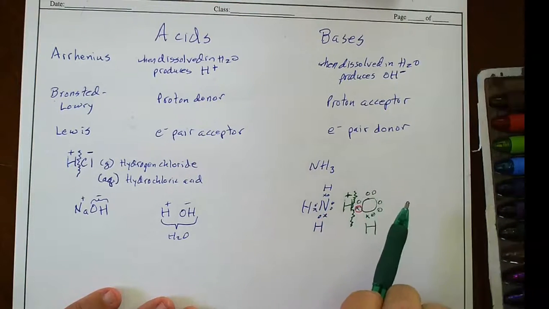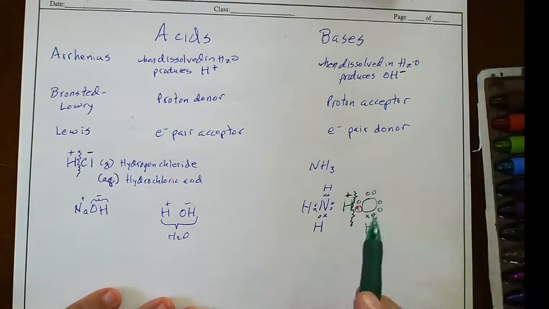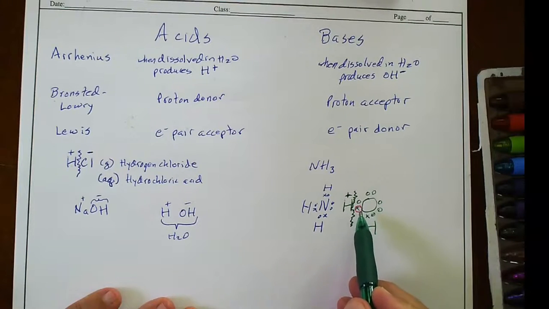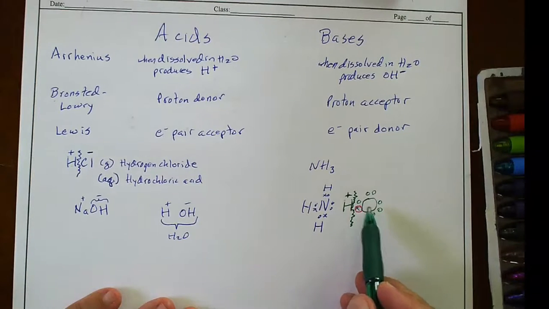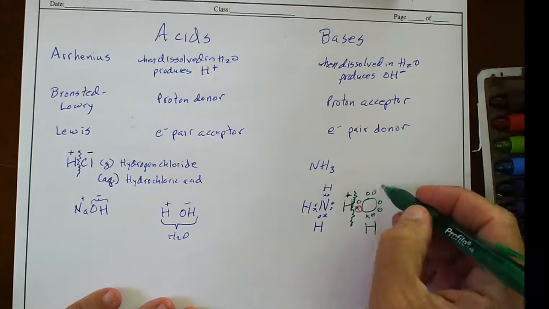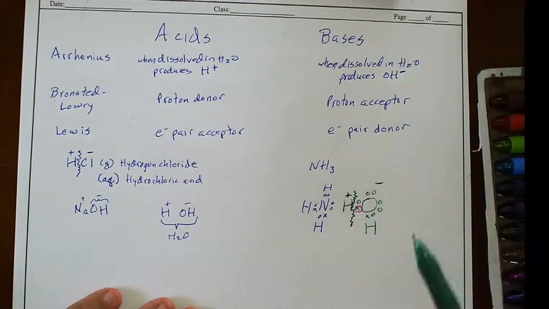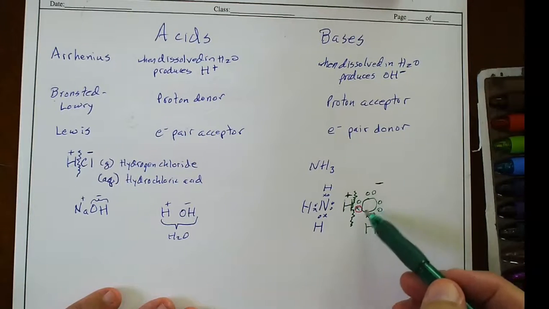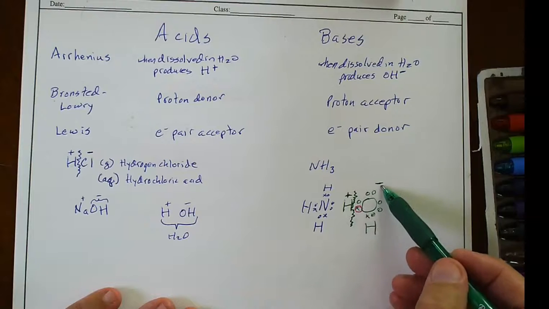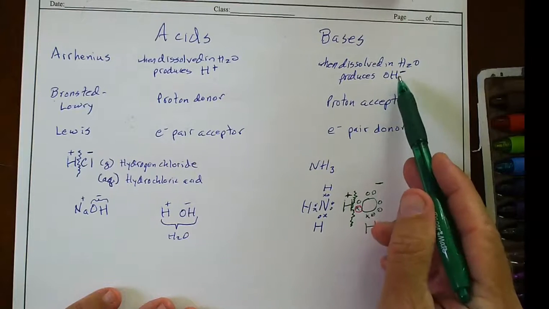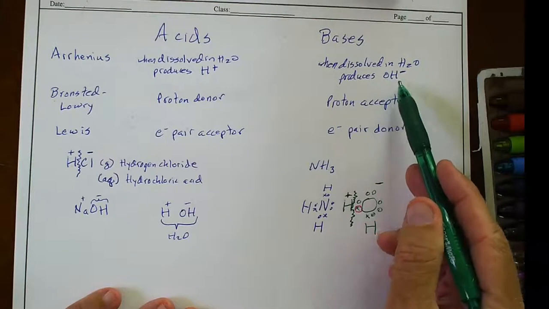But on the right side of this squiggly line, we have an O and an H, and that electron right there that used to belong to this hydrogen but was given to the oxygen gives this a negative charge. And what is OH with an extra electron and therefore a negative charge? It's hydroxide.